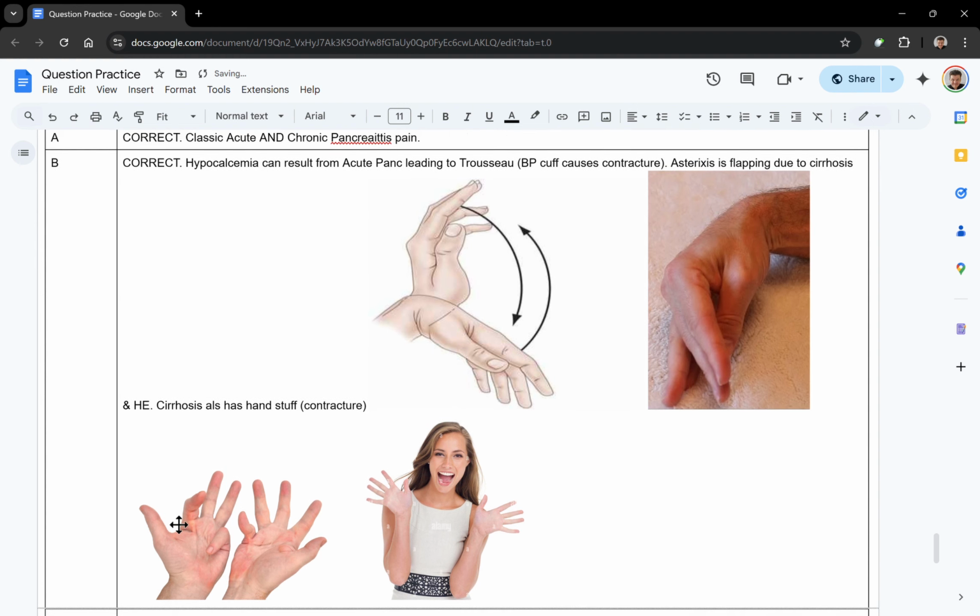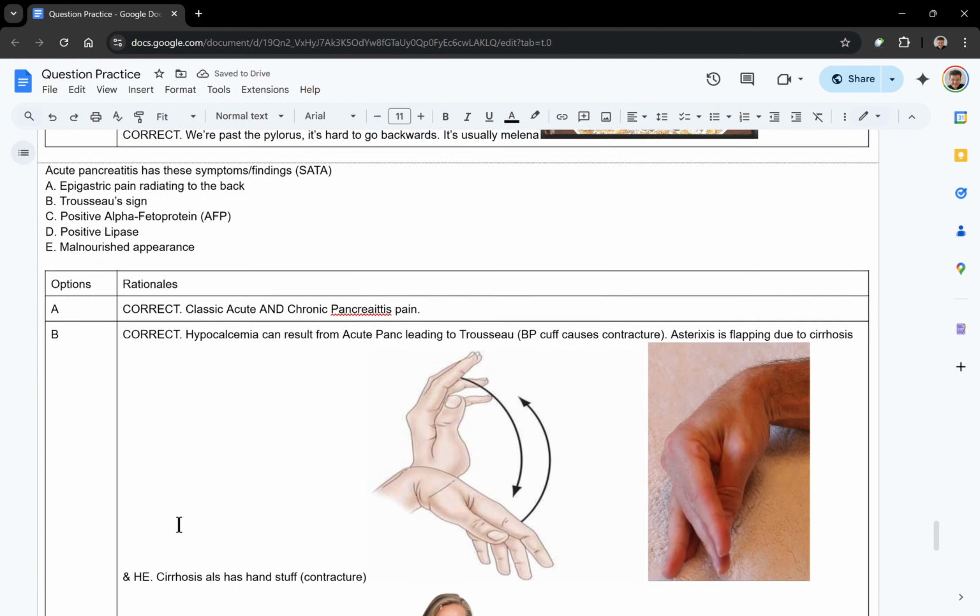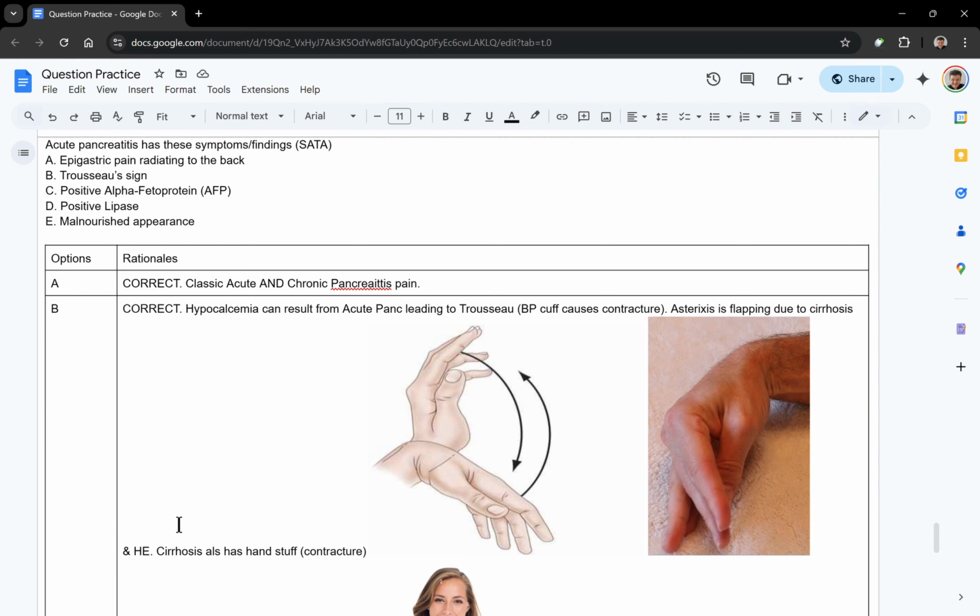And then E, malnourished appearance. So it's a no way.